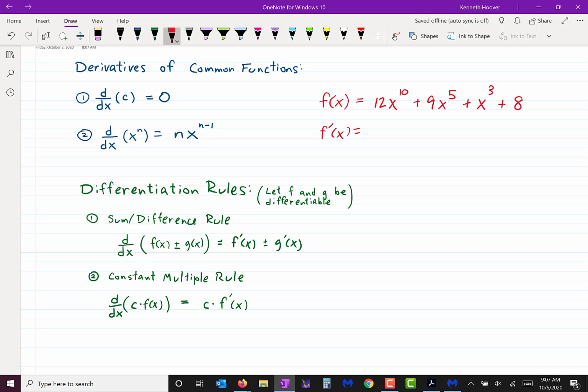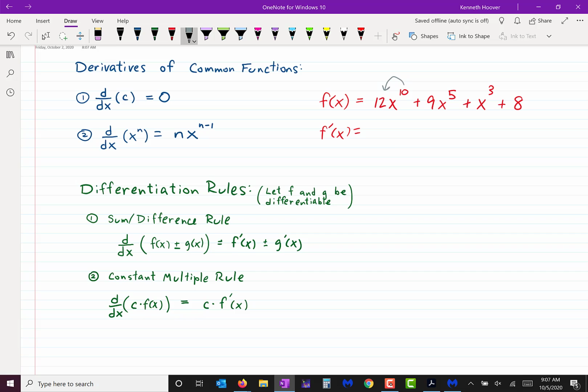Okay, I'll give you a second to work out the derivative. Go ahead and do that now. Okay, did you get it? Let's see what it should be.